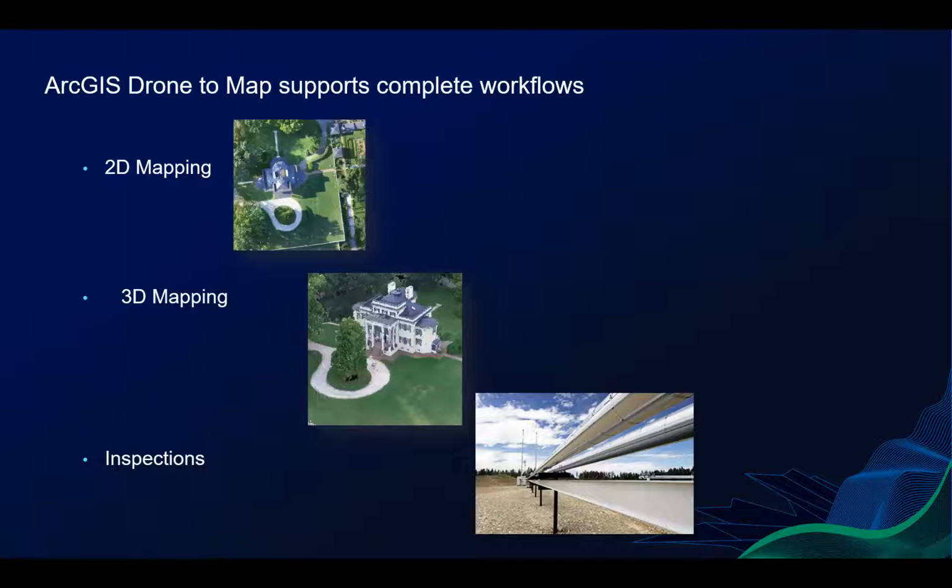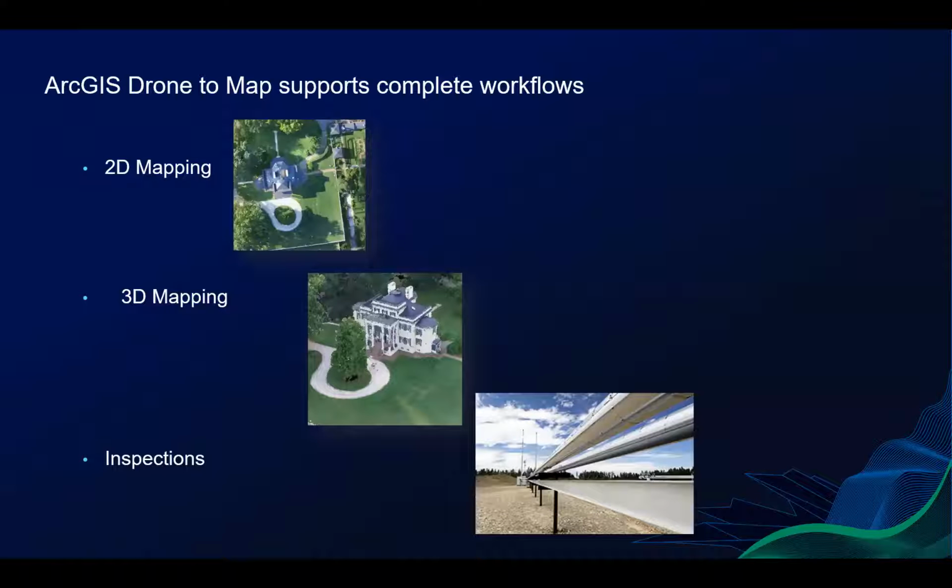So we have the 2D mapping template that allows you to generate 2D products such as mosaics and surface models, like the digital surface models or the digital terrain models. And then we also have the 3D mapping workflows, which allow you to generate 3D products. Here we're talking about generating the 3D point clouds, as well as the 3D textured meshes.